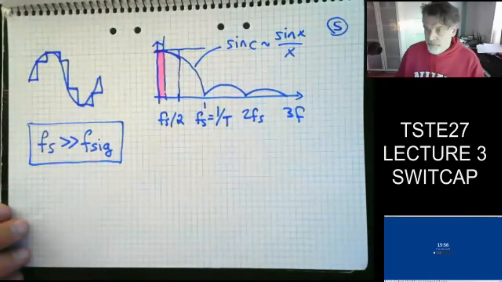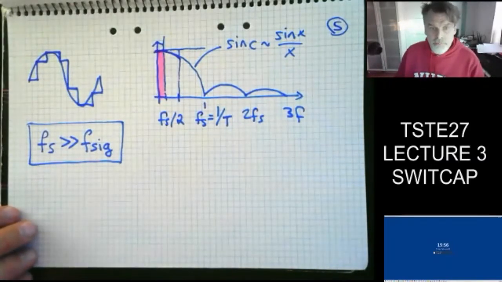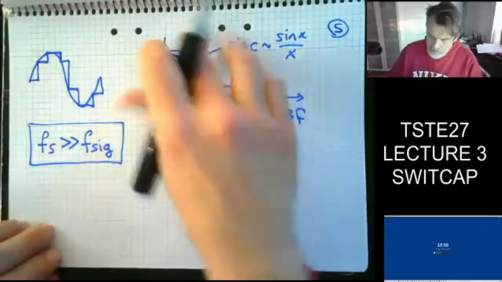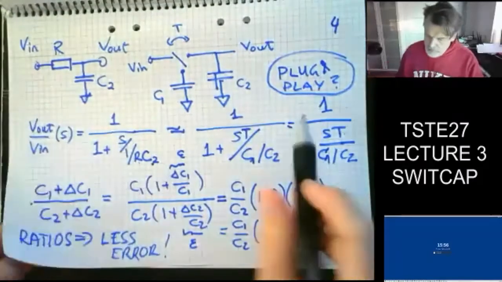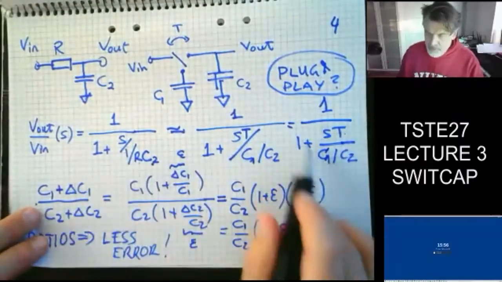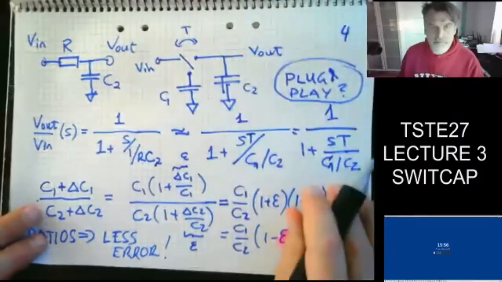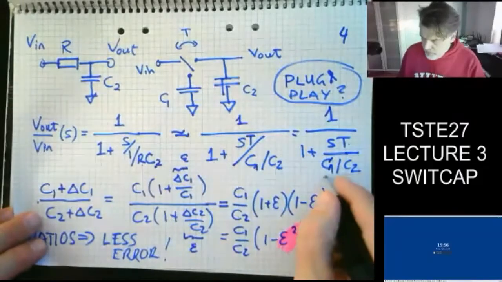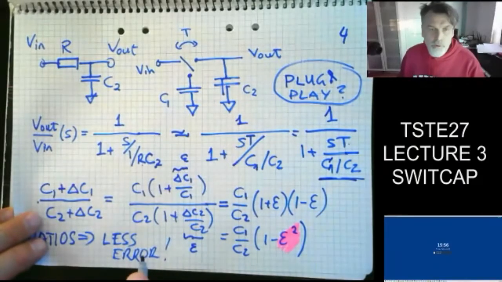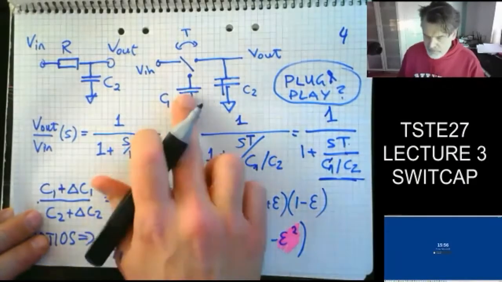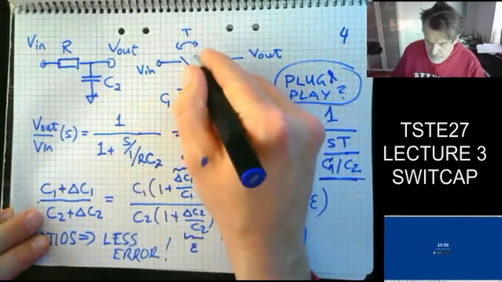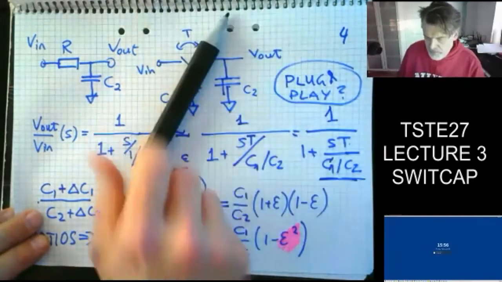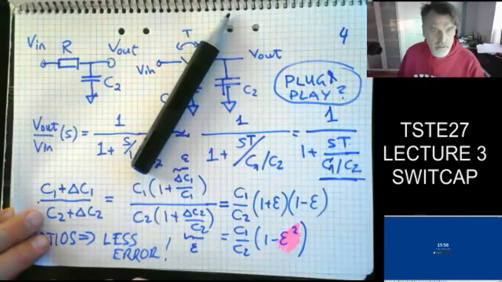Okay, so I'm just looking at the watch here, but I'm probably okay. So let's look at the more correct way of doing this. There are some assumptions here. This is correct to some degree, but we do get the wrong pole due to this analysis, because if we look at the time period when we move the switch to the other side, then C1 and C2 are connected in parallel.